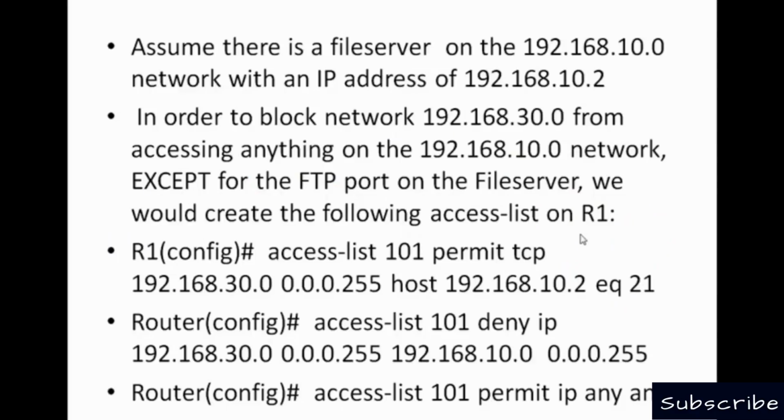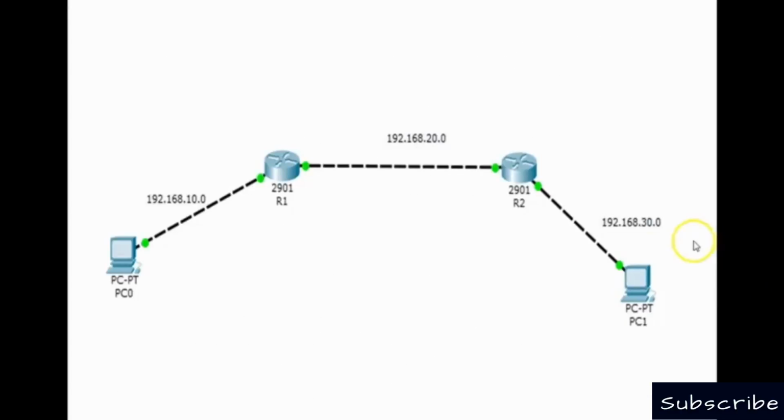What we want to do is block the 30.0 network's traffic from reaching up to here, but we want to allow only FTP traffic, because here we have placed an FTP server. So only FTP traffic is allowed. Apart from that, all traffic should be denied.